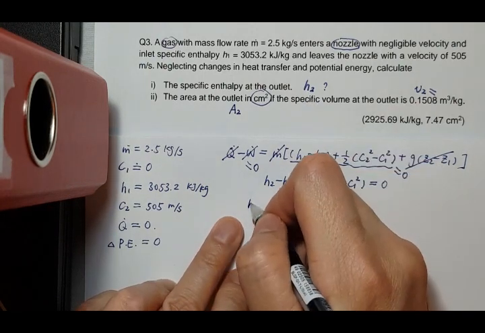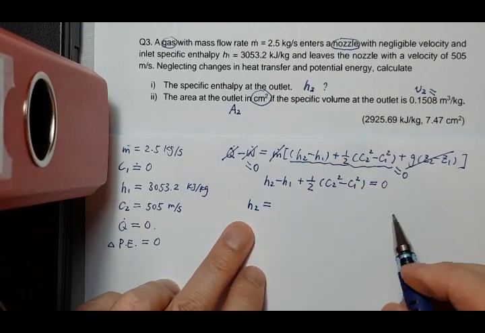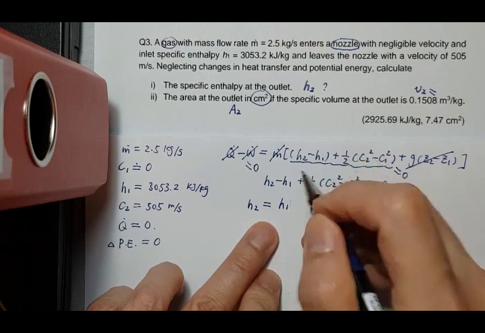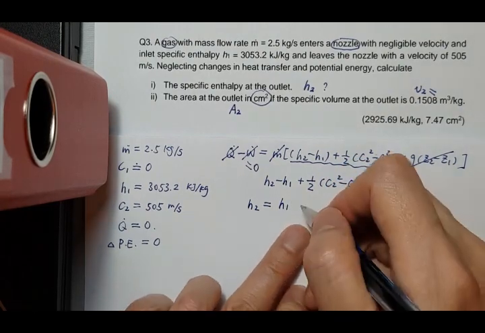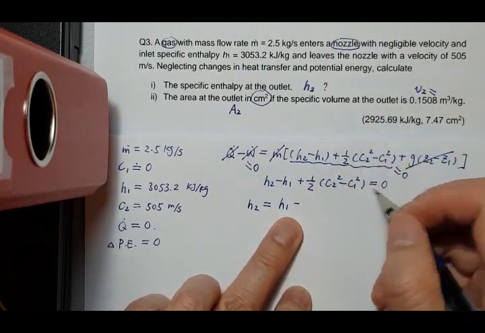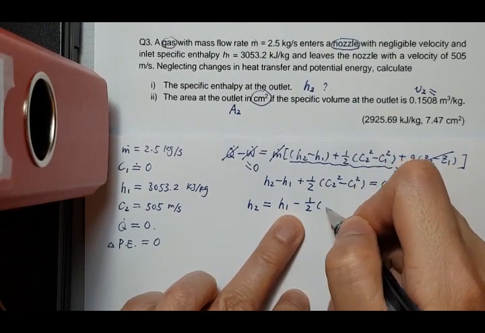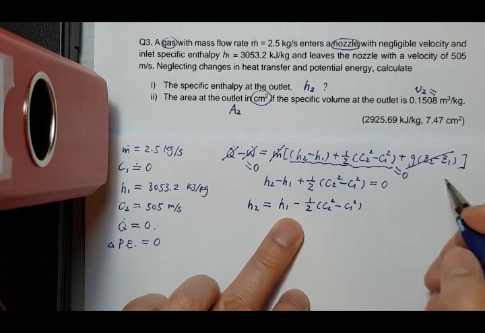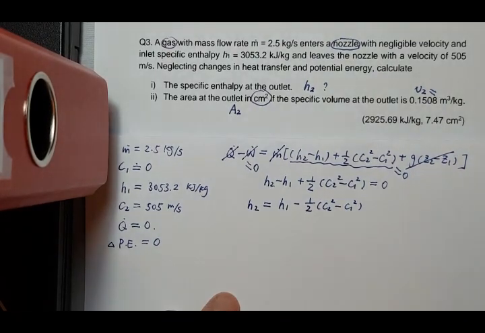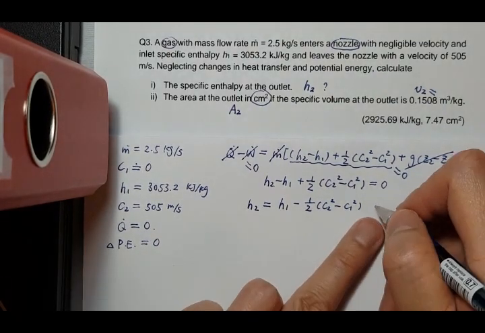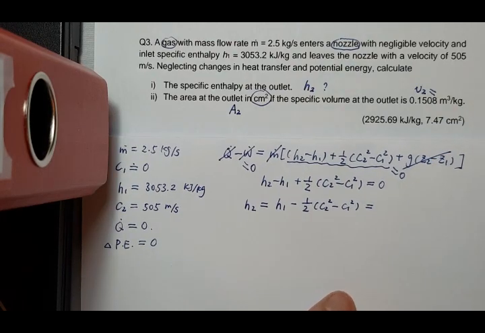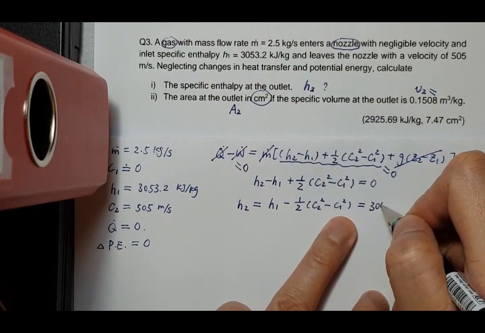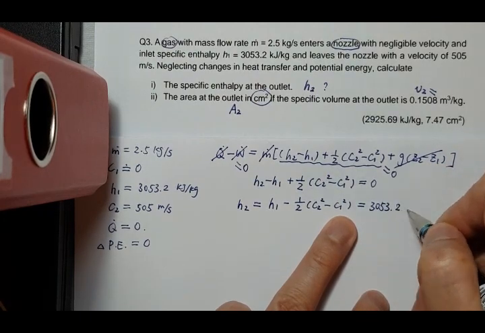Okay, so H2 is equal to, so I'm going to move H1 over there. This one over there too. So H1, we actually know H1. H1 is here. So it's 3053.2.